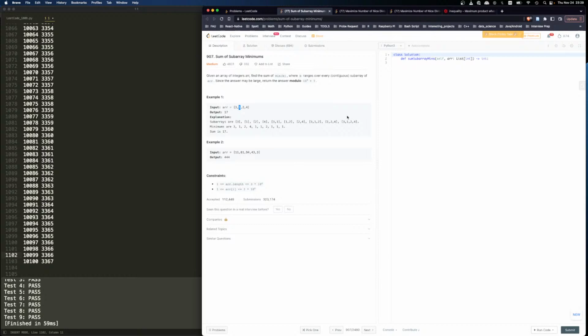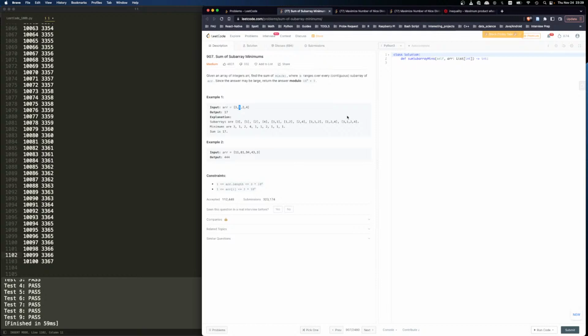Starting in 1 is going to be 1, 2 and 1, 2, 4, right? So that's also 2. But what about the ones that contain 1? How do we compute that? All the subarrays that include, well, it's the subarrays that end in 1.